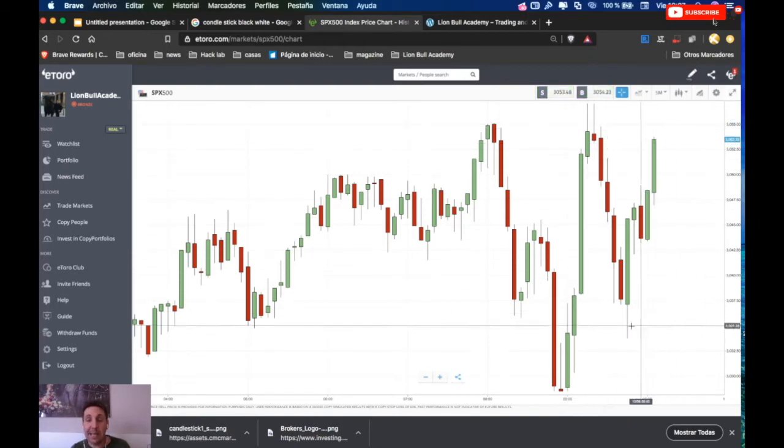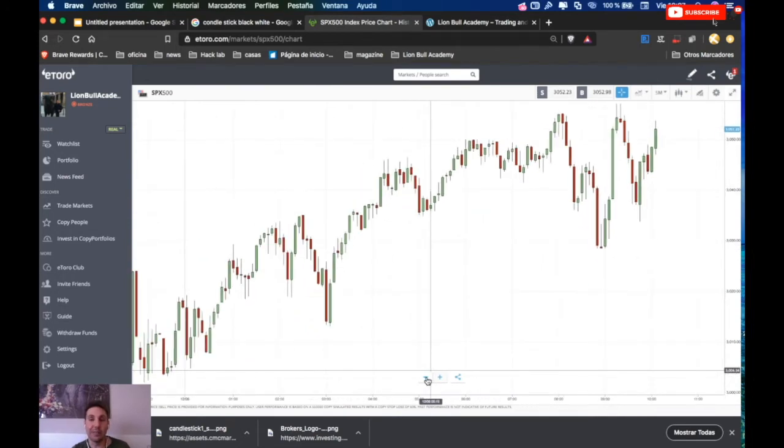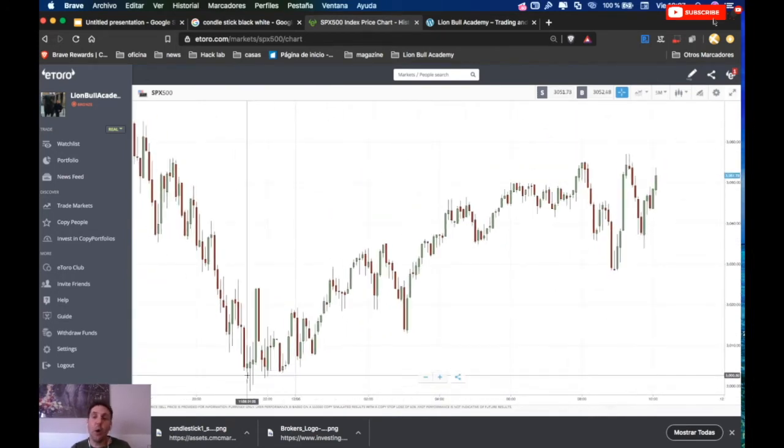We always try to find a big amount of candles to show us the trend, so we understand where the market is going in that period of time. Let's now look at all these candles here. You have a lot of candles going up and also a lot going down, red ones down and green ones up.